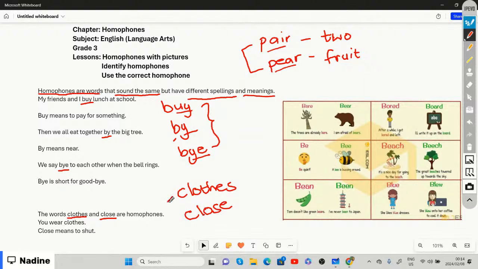Whereas the next word, close, is where you shut something. You're shutting the door, shutting the fridge. You're just closing something.